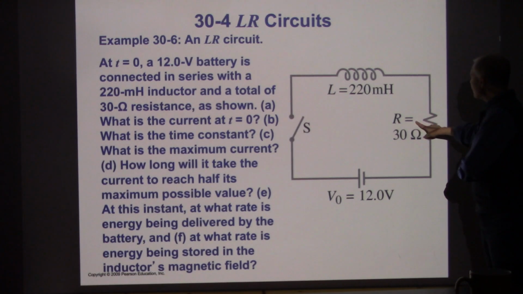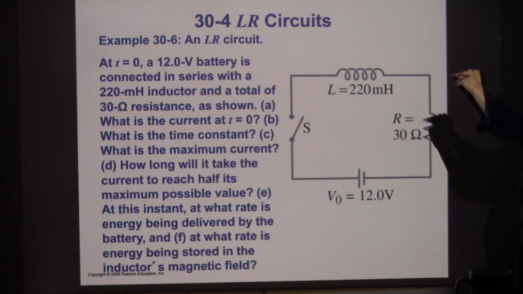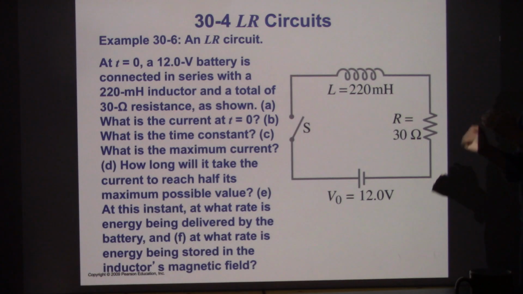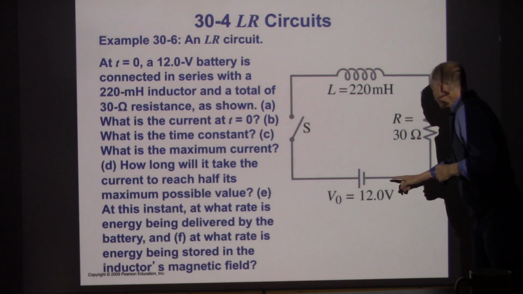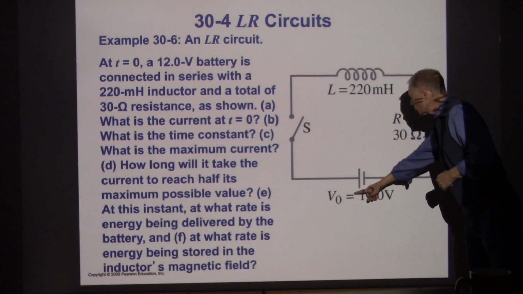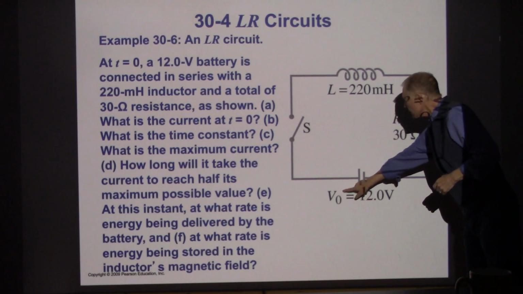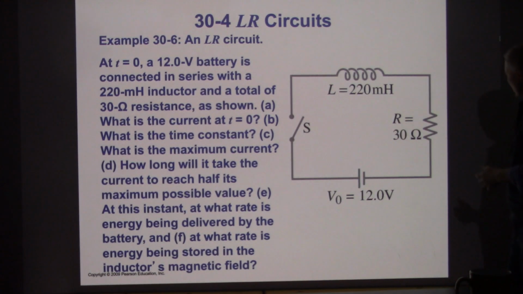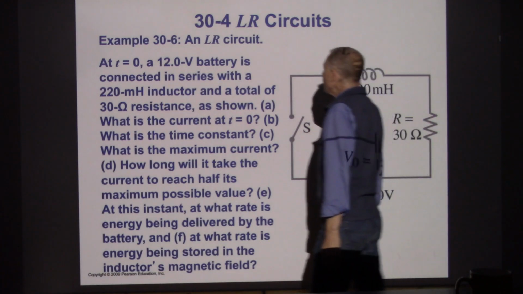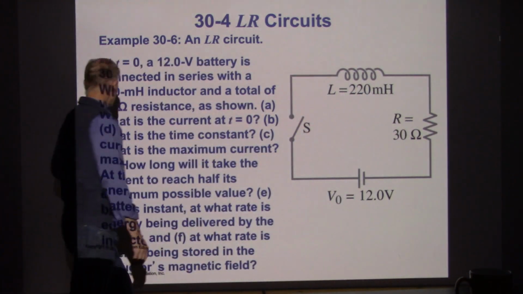If I have a lot of resistance, the asymptotic value will be much lower, and it's not going to take as long to get there. Okay, so the current eventually would be expected to reach the value V0 over R, which looks like 0.4 amps or 400 milliamps. All right, and so that's what determines the time constant.